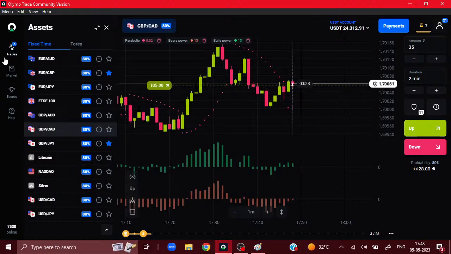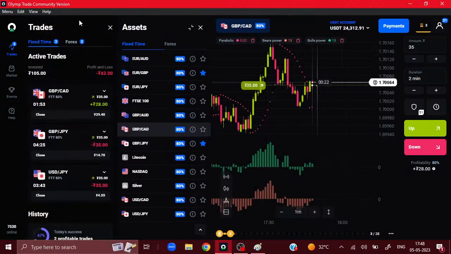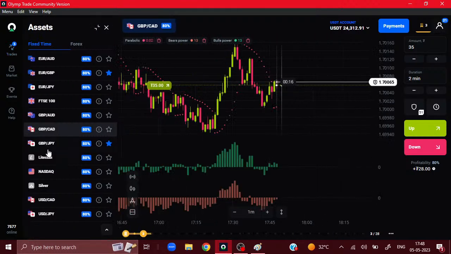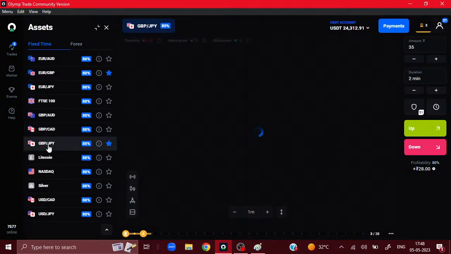As we said, we are using the confrontation strategy today, where we are using the parabolic indicator, the bulls power and bears power oscillator.